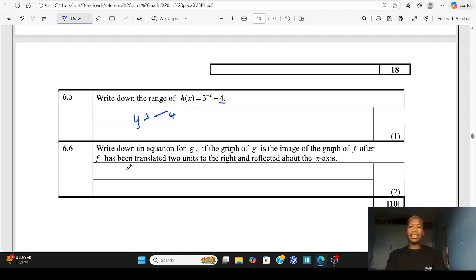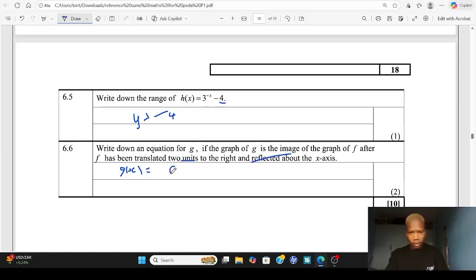So if it says it has been shifted 2 units to the right, we know that the equation of g of x, right? G of x is equal to, the first thing that we are told is that it is translated 2 units to the right.